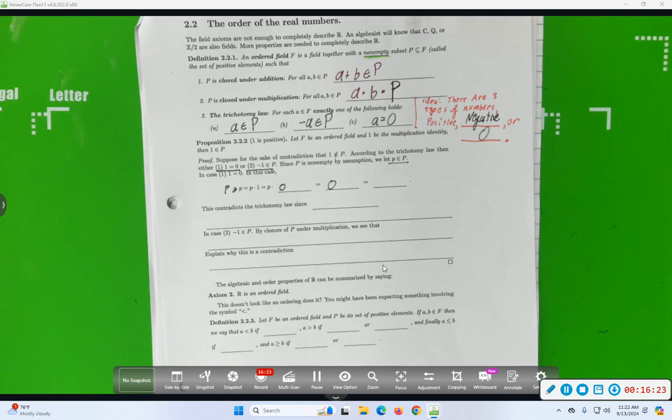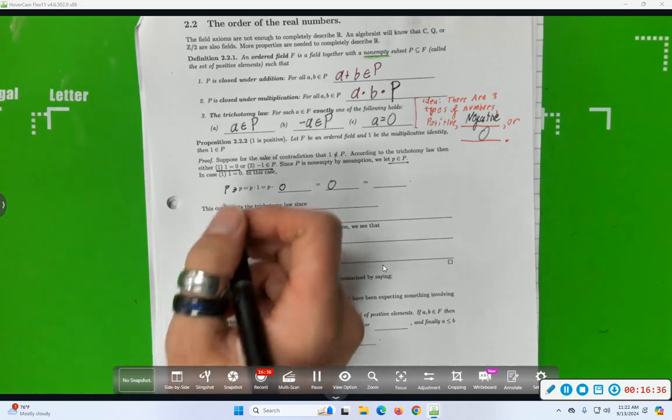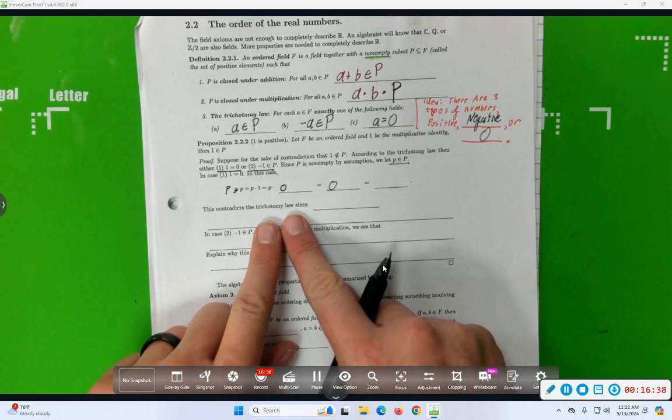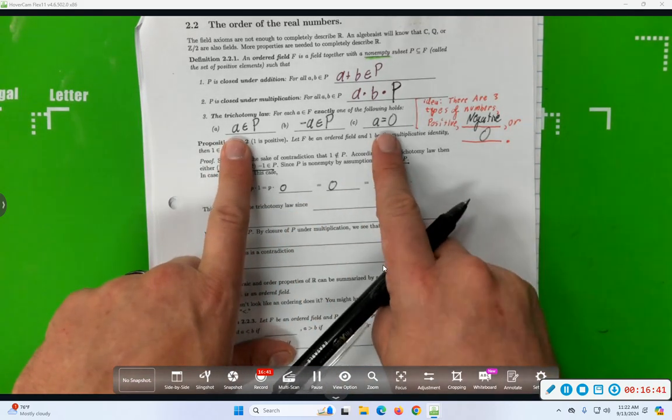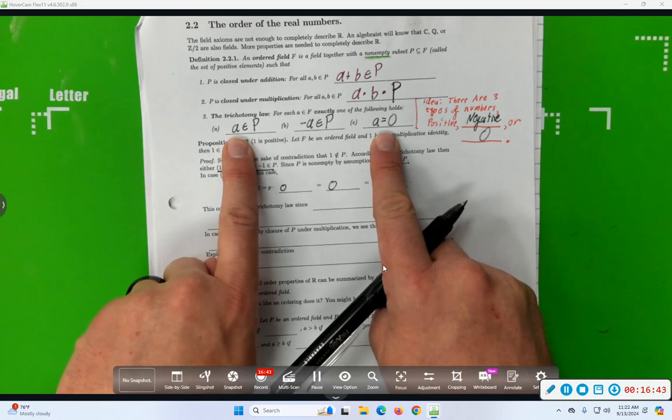I claim this contradicts the trichotomy law. Why? Since then any p would have to be 0 instead of a positive number. Yeah. This contradicts the trichotomy law since exactly one of these things is supposed to happen, and we have two of them happening.